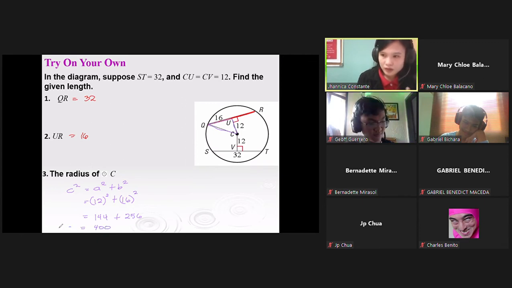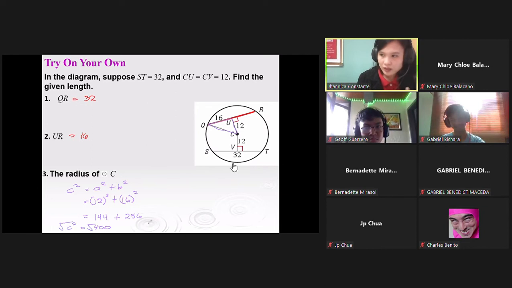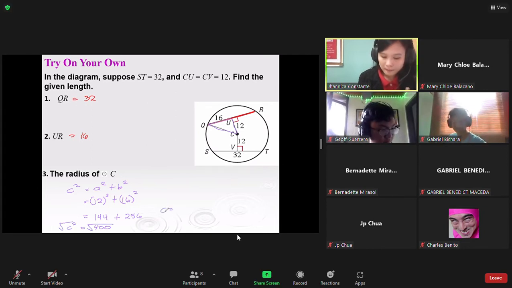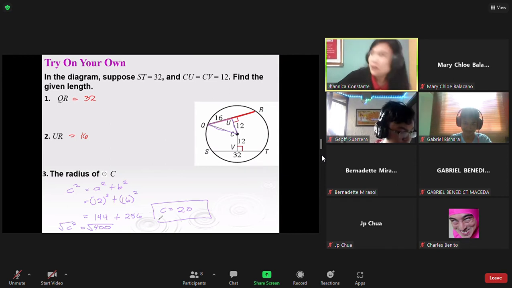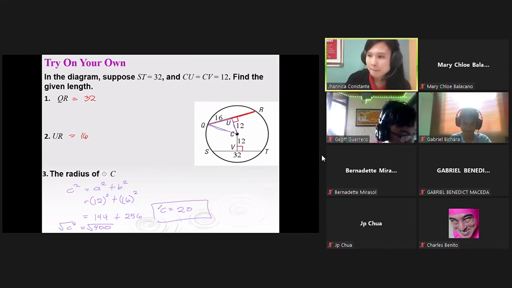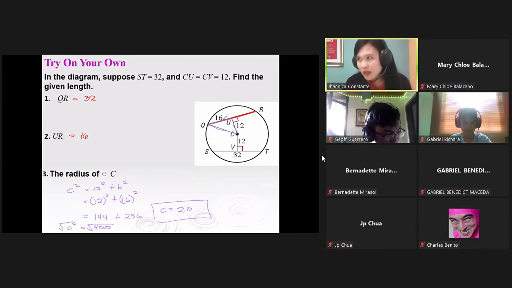The square root of 400 is equal to 20. So the radius of our circle is equal to 20 units. So that's how we use the third theorem that we have for our congruent circle, wherein two chords are equal if they are equidistant from the center of our circle.